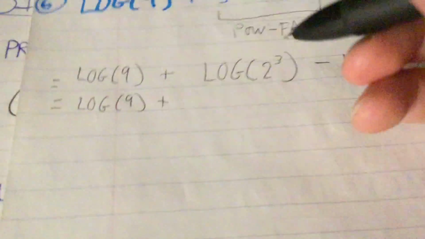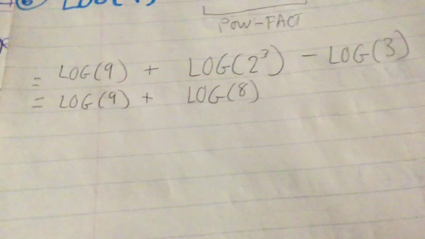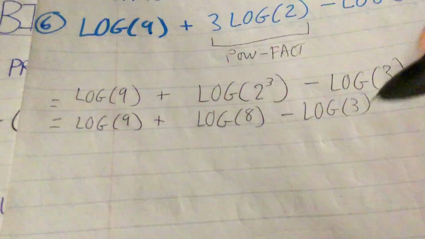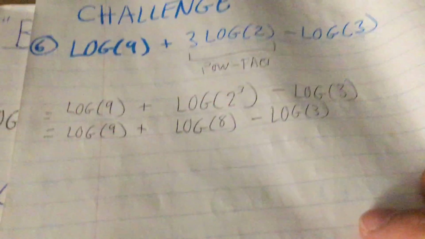Okay, cool. So now this becomes log of 9 plus log of 8 minus log of 3. Now, remember, I could do this in 2 steps.